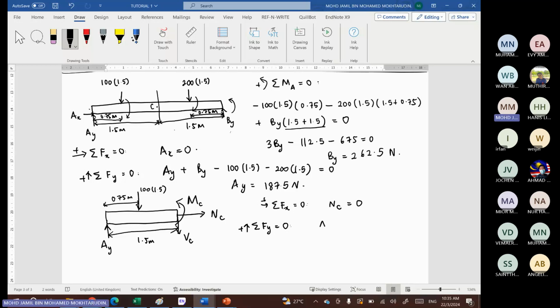So here you have AY minus VC minus 100 times 1.5 equals 0. So guna calculator. So VC equals 37.5 Newton.